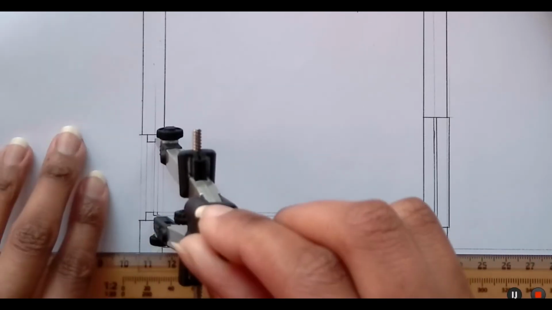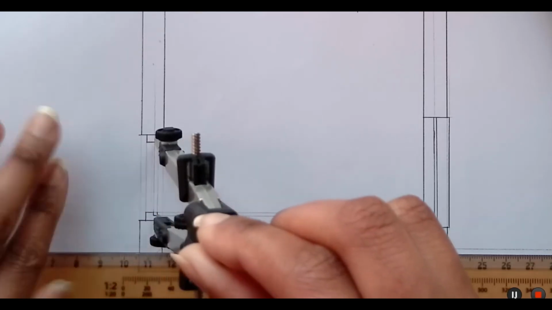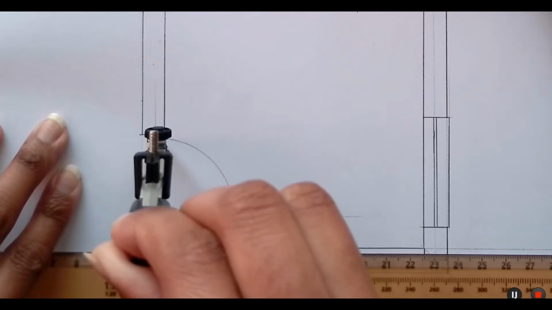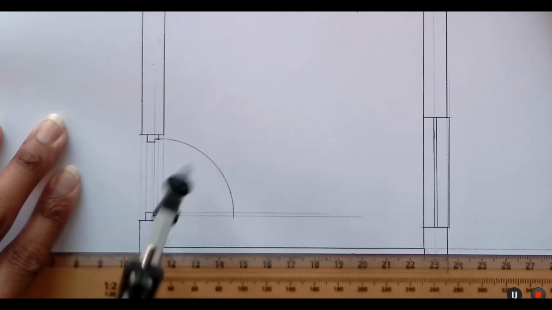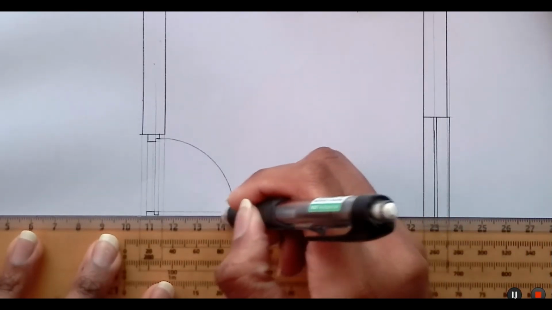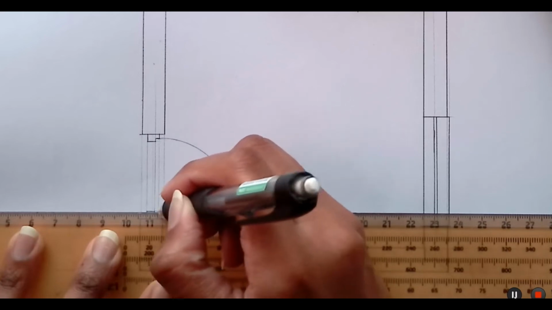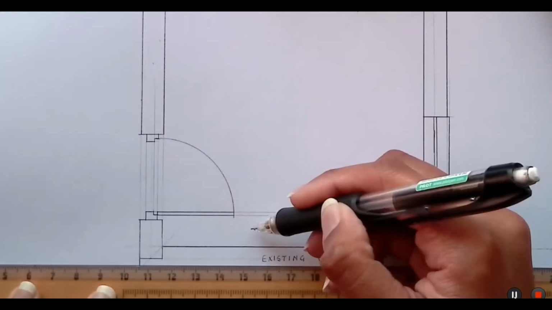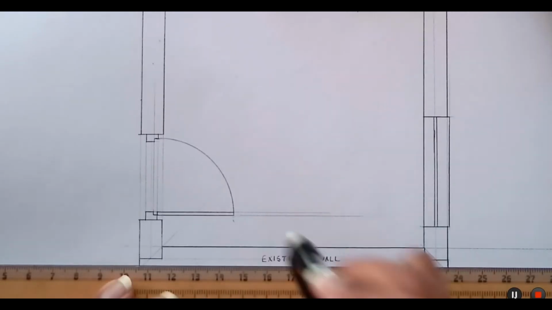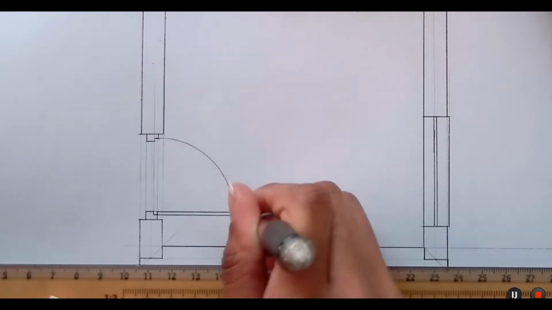Then once I am certain that it can fit, I'll just open it a bit. Then I can draw it. So that's the door swing. Then I can draw my door here and here. So this swing just indicates that it's going to be swinging this way.